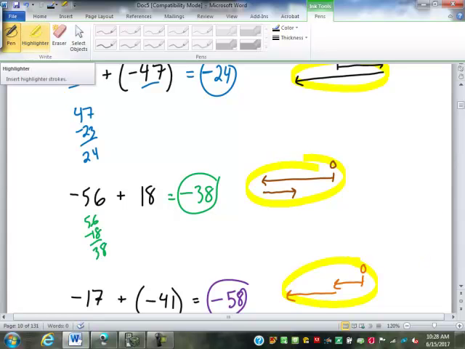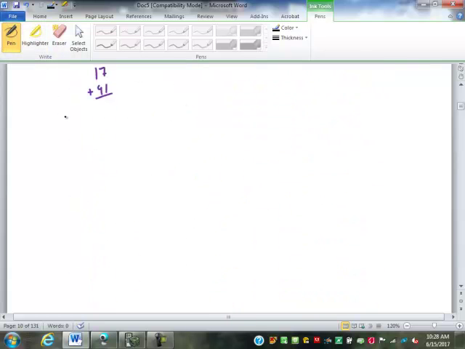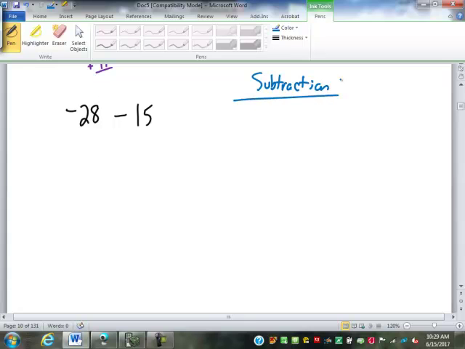The trickier part was subtracting. And I'm going to start out with simply something like negative 28 minus 15. When we subtract with negatives, we use the fact that subtraction is adding the opposite.